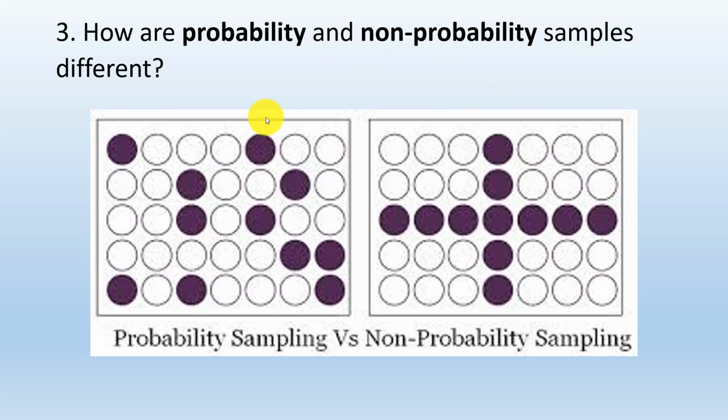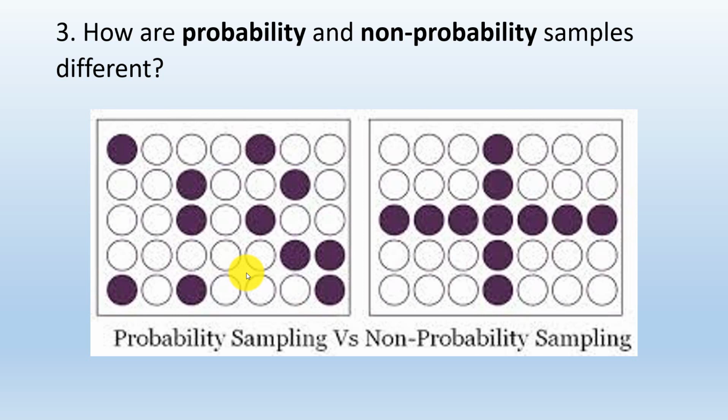Now, there is in fact a time and a place for both of these, but it really depends on what you're trying to achieve with your research. If your research is largely geared toward trying to generalize to the larger population from the sample, you're probably going to want to use probability sampling. Why?